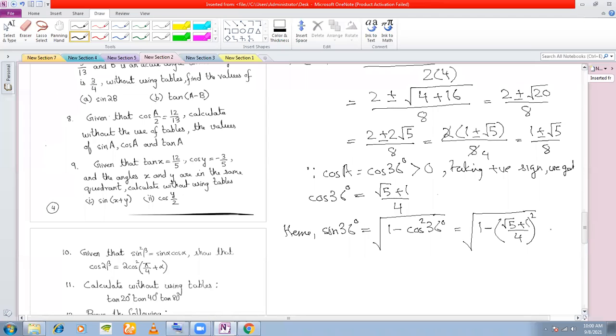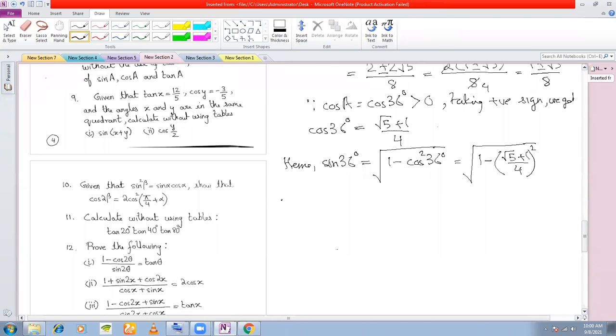Put the value of cos 36, and now you can expand within the radical. Expand by a plus b whole square formula.